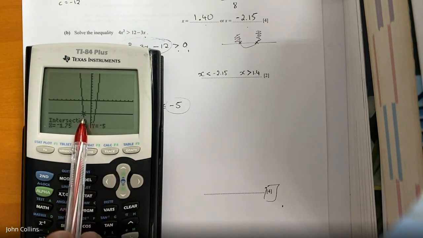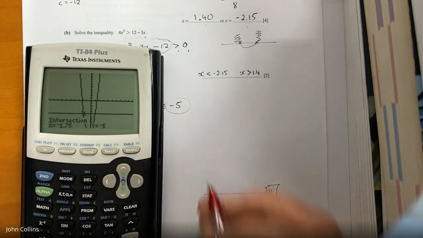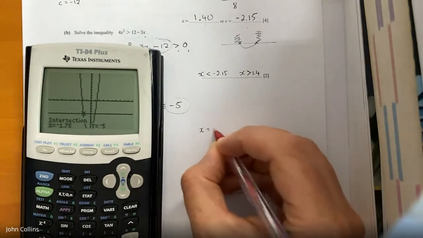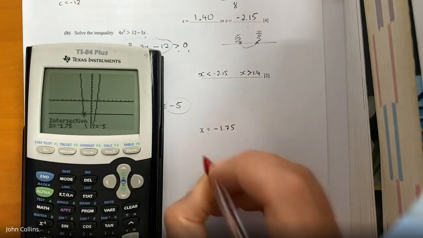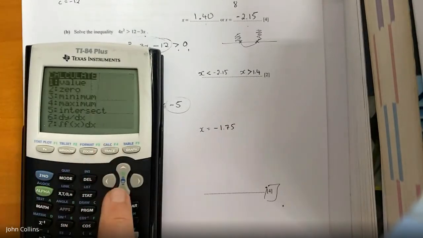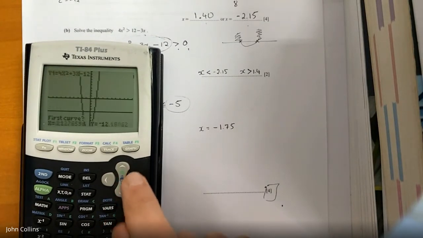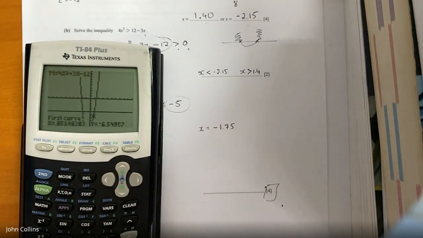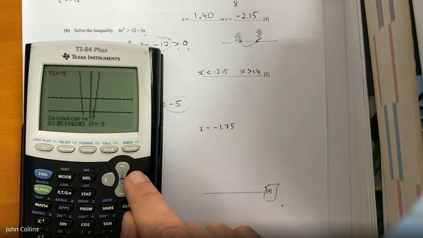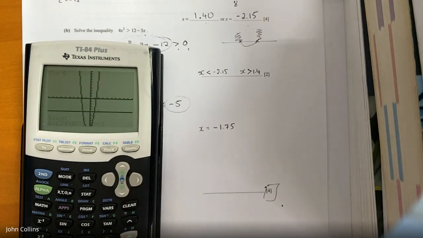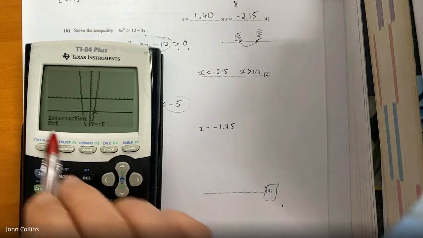I see x is equal to minus 1.75. Now I need to find the other one. Put one curve on the left of it and the second curve on the right of it. Press guess again and I get x is equal to 1.